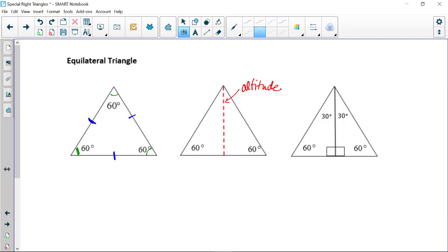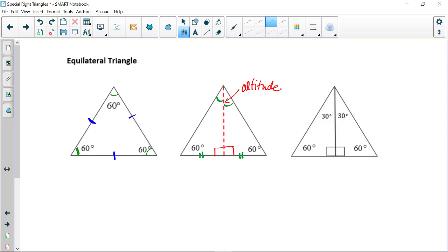And because this is an equilateral triangle, that altitude, an altitude basically is a segment that's perpendicular to the opposite side, bisects the opposite side and it bisects the angle.